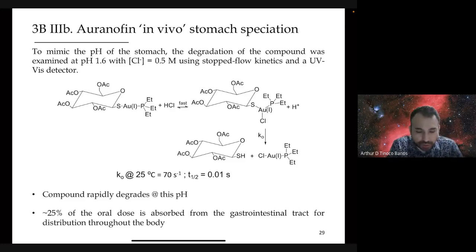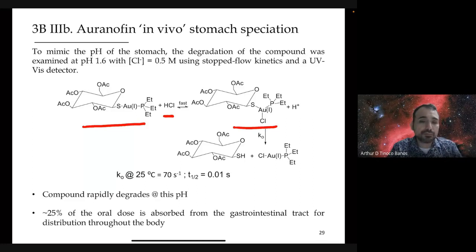All right, so essentially, to mimic this sort of degradation, we can look at it from the perspective of the compound in the presence of acidity as supplied by HCl. And so what we see in this very first fast step is an association of a chloro group onto the metal center.